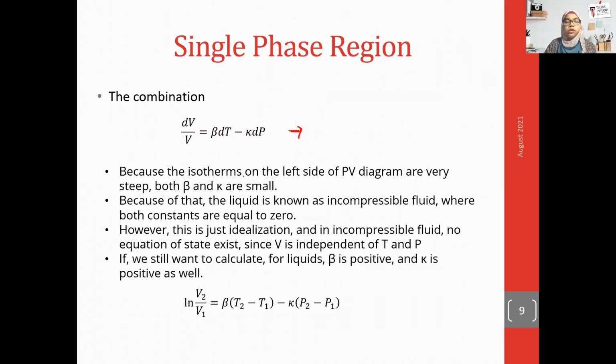Because the isotherms on the left of the PV diagram are very steep, we have this line. So both constants are almost equal to 0 because volume has an insignificant effect in this region.